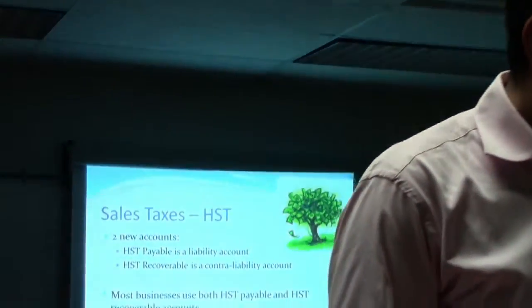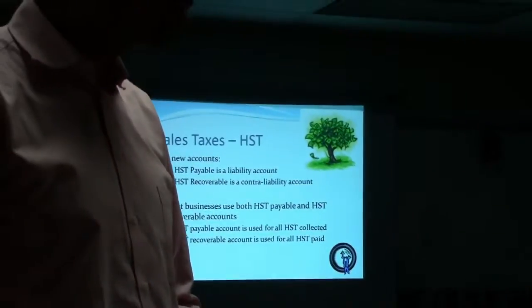Next slide, you can see that HST payable is a liability account and HST recoverable is a contra liability account, which means that HST payable is something that they will have to pay to the government. HST recoverable is something that's refunded to the business, and that's why it's considered a contra liability account, because it is still a liability as far as HST is concerned.